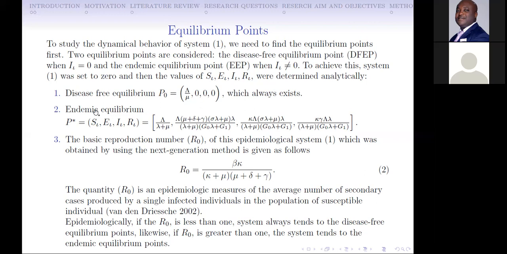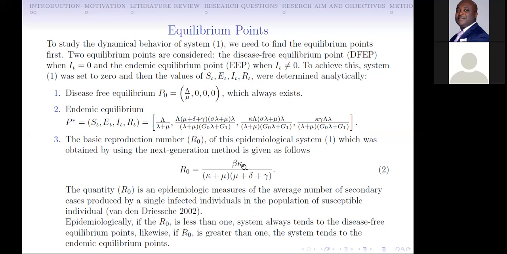Endemic equilibrium, the number 2 represents the endemic equilibrium. The third is the basic reproduction number of this epidemiological system 1, which was obtained by using the next generation method, given as follows.